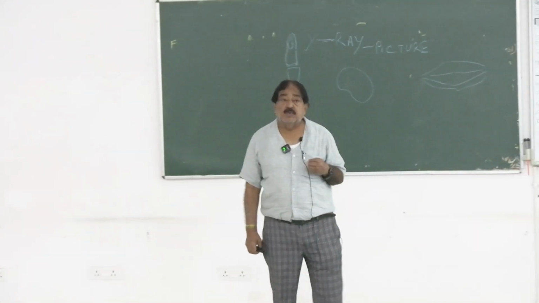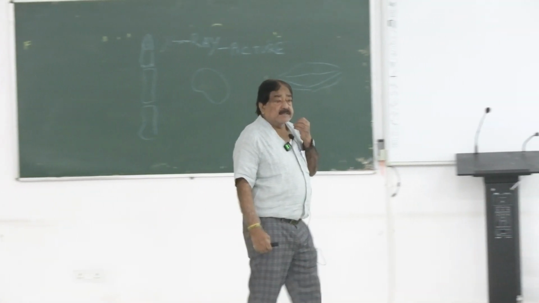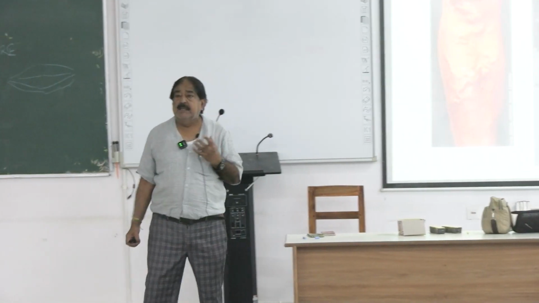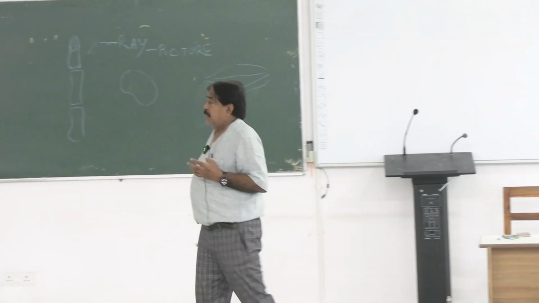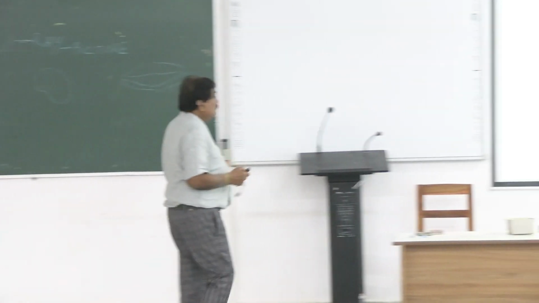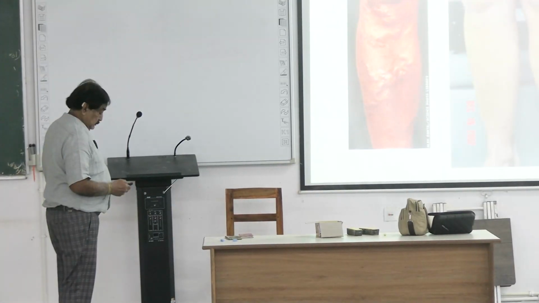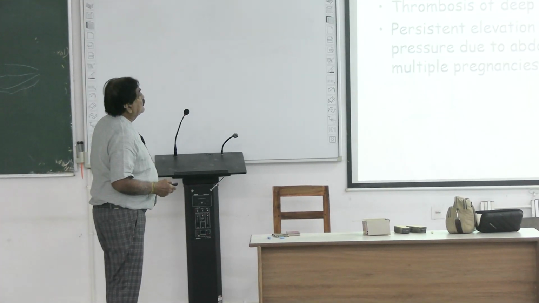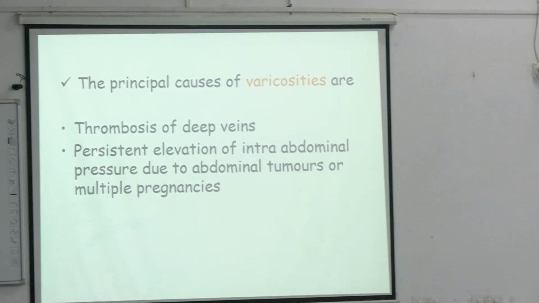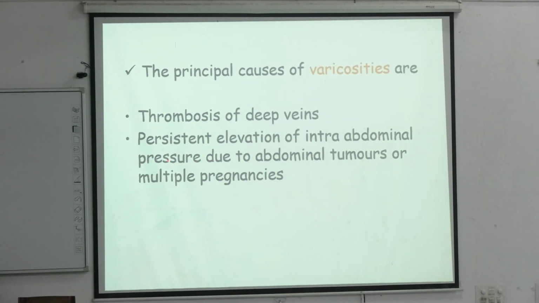But if it goes into an extensive problem, then you think of an operation. Now, principal causes of varicosity: thrombosis of deep veins, persistent elevation of intra-abdominal pressure due to abdominal tumors or multiple pregnancies.